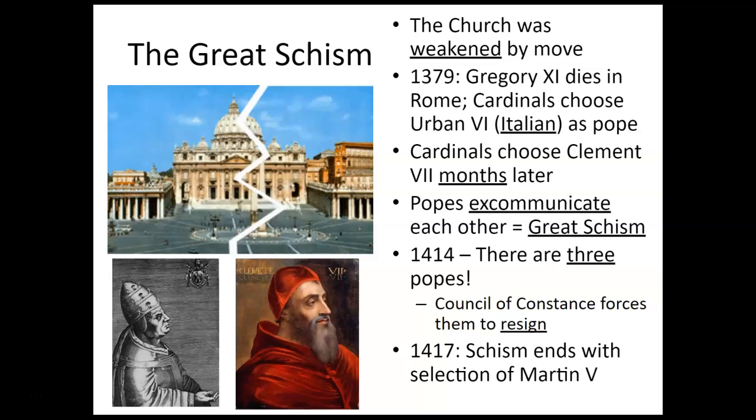Now, I'm not going to get into the detail of why, mainly because it's not for this course, but just know what ultimately ends up happening is you have two popes, one's Italian, one's French. They are both selected by the College of Cardinals, one in Rome, one in France, and they excommunicate each other. And this leads to what is known as the Great Schism. The church is divided. The power structure is all messed up.